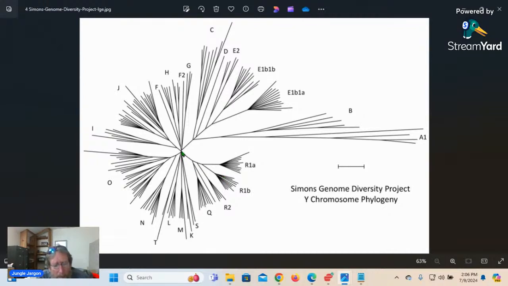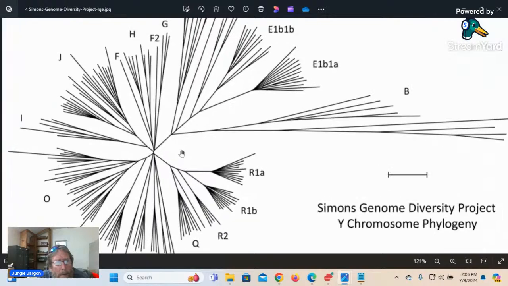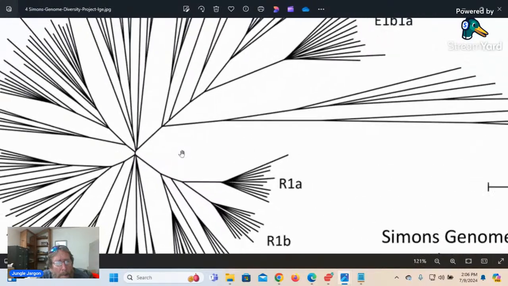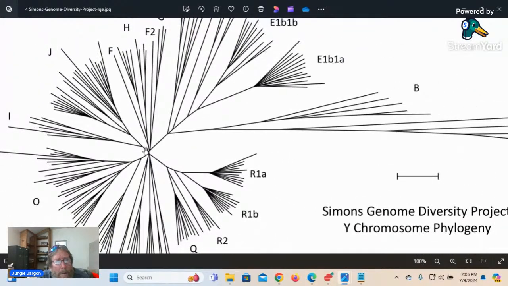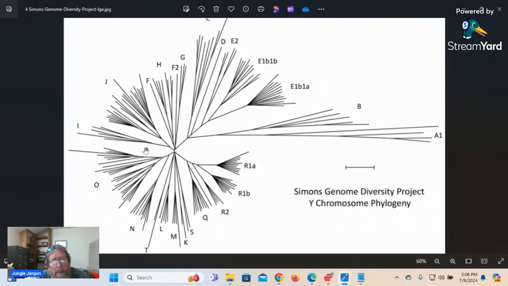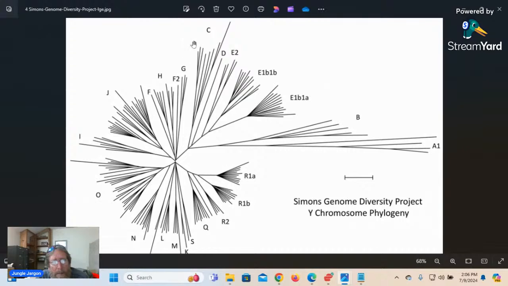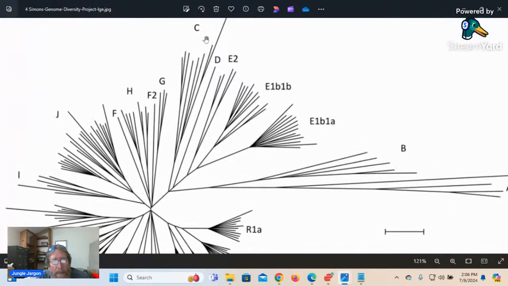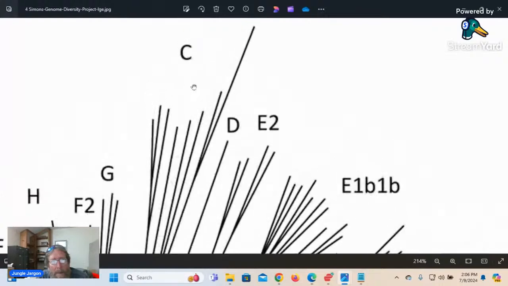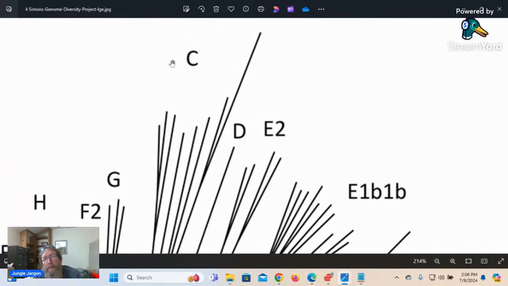Now, okay, so the main reason what got me started was the C haplogroup, because the C haplogroup is in an area outside of Africa, the same as the D haplogroup is mostly outside of Africa.